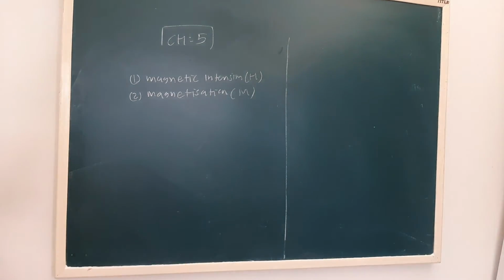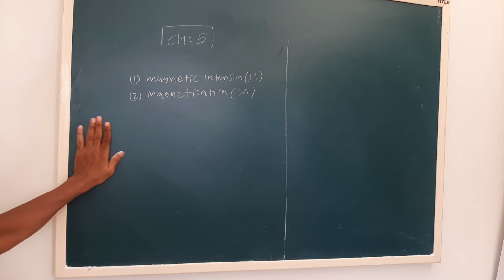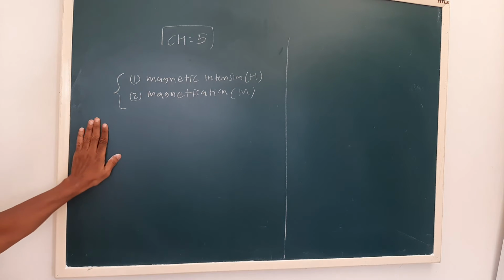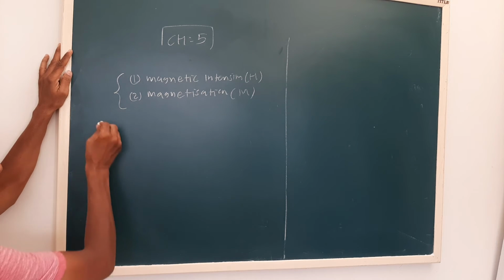Recall the formula for a very long solenoid. Now we establish the relation between magnetic intensity H and magnetization.